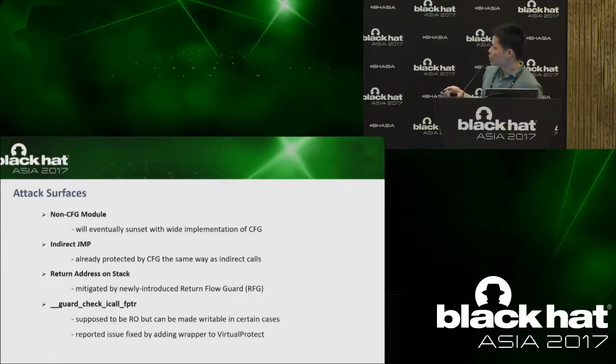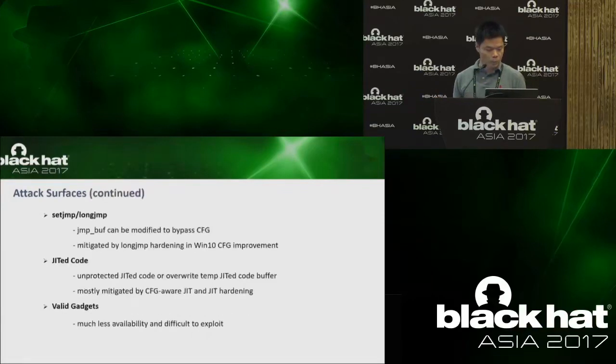This function pointer is supposed to be read-only, but under certain cases it can be made writable. This is Yunhai Zhang's work, and the issue has been reported fixed by adding a wrapper to VirtualProtect. Three more attack surfaces are listed here. Setjmp and longjmp, because the jump buffer can be modified to bypass CFG. This attack surface has been mitigated by longjmp hardening in the Windows 10 CFG improvement.